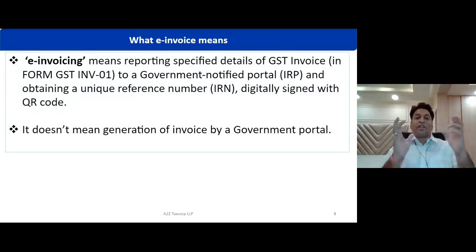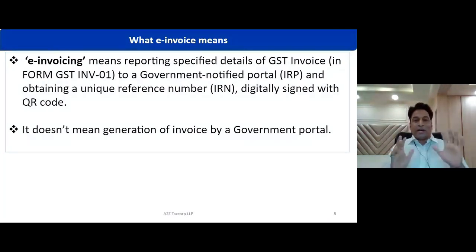So this is what e-invoicing refers to. Clarity emerges that we are going to generate the e-invoice from our own accounting, billing, and ERP software. And this invoice would be standardized as per the e-schema issued by notification number 60/2020, dated 30th July 2020.